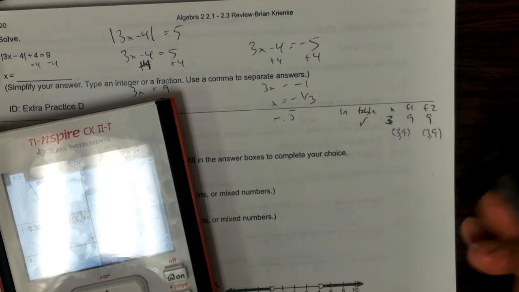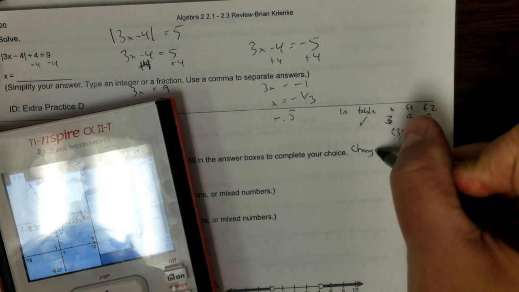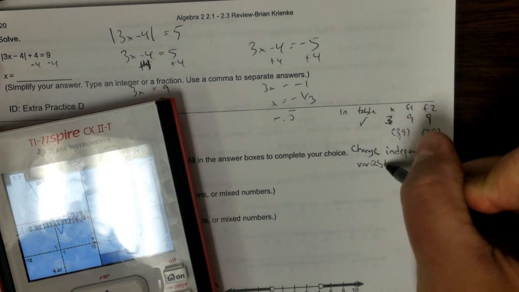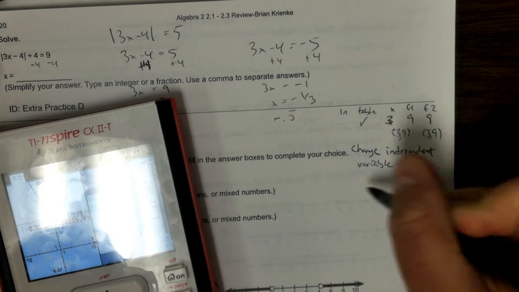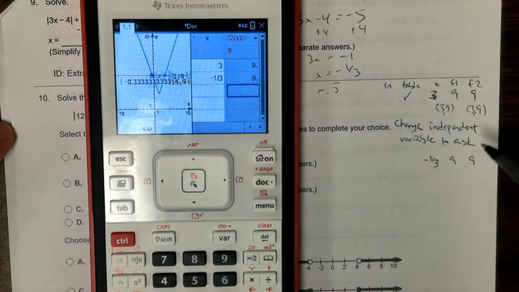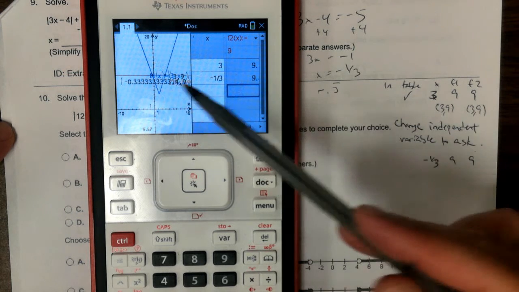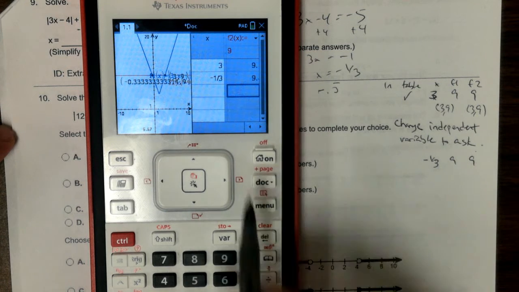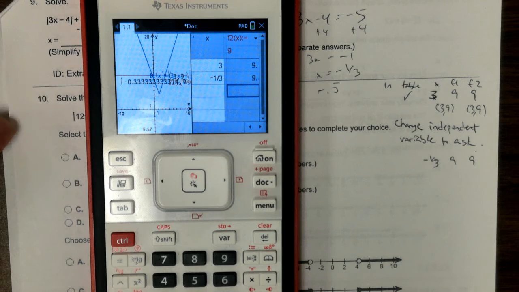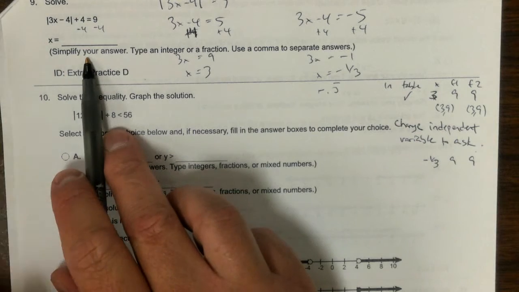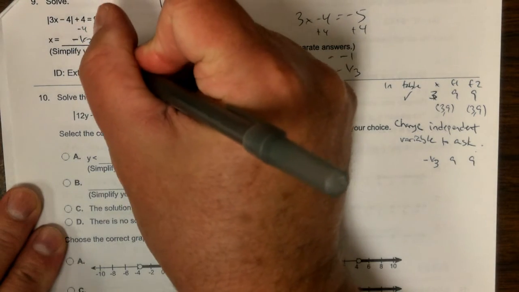So in the table you see this, and then change your independent variable to ask, and then you do -1/3, and you got 9 and 9. So I just personally like the graph better, but if you want to use the table and then change these, you can. Your independent variable is your x, because your y answer is based on x. Okay, so what that means is for the answer, you get -1/3 and 3.